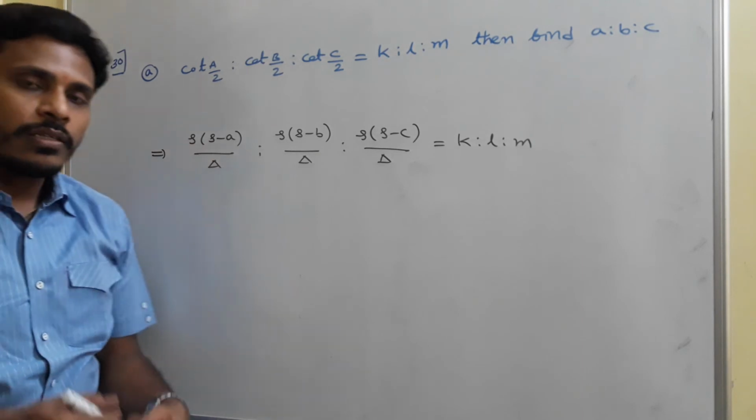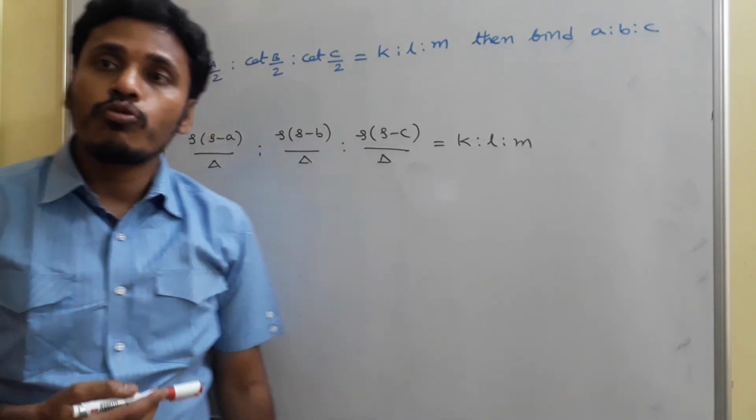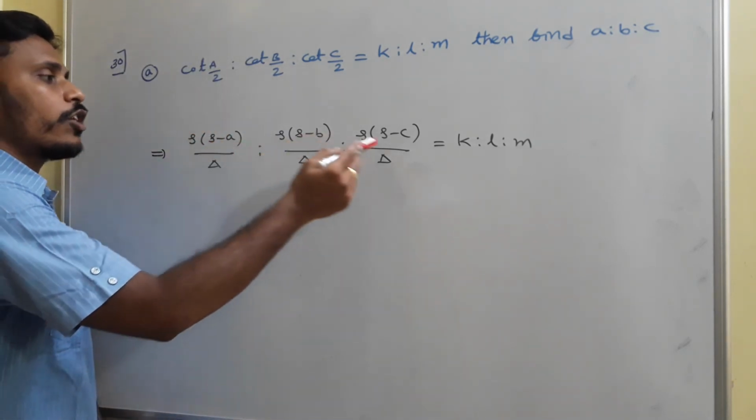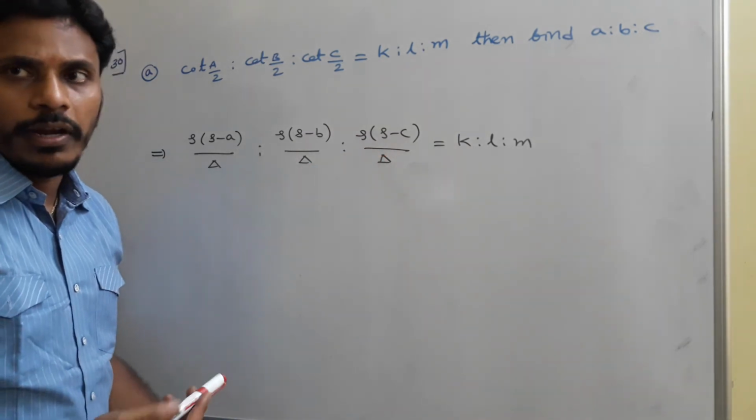And if you have a ratio, you can multiply each and every term of the ratio with the same constant, or you may divide also.